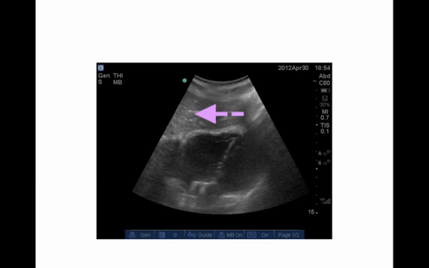Here is liver tissue. This bright white echogenic line is the inferior pericardium. Here is the right ventricle. Here is the intraventricular septum. And here is the left ventricle.